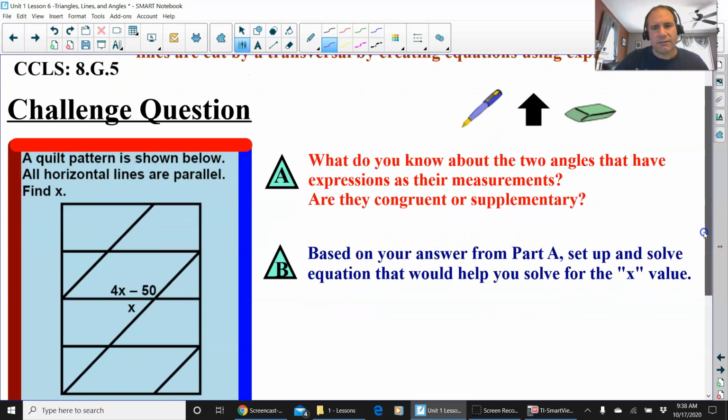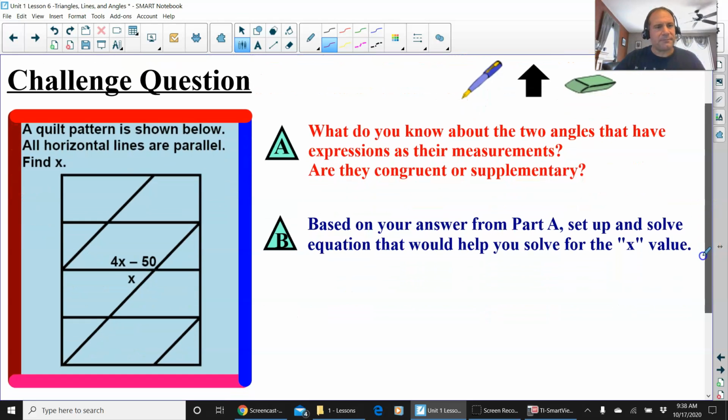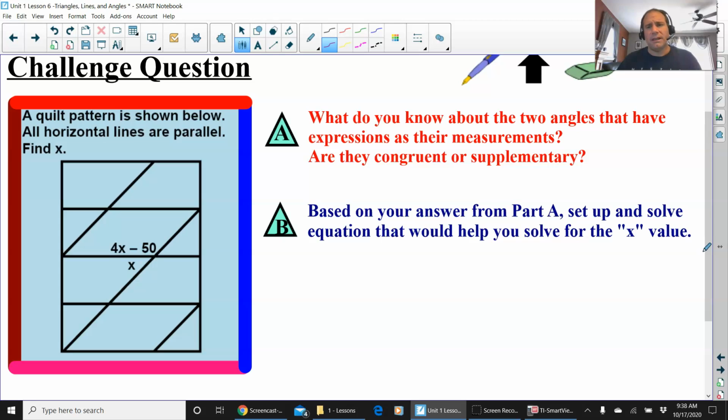So here is a challenge question. I want you to take a look at what the state exam did about 3 or 4 years ago. They have a quilt pattern shown below. All horizontal lines are parallel. They have to tell you that. And it says find X. So I am going to start highlighting or just tracing the lines.